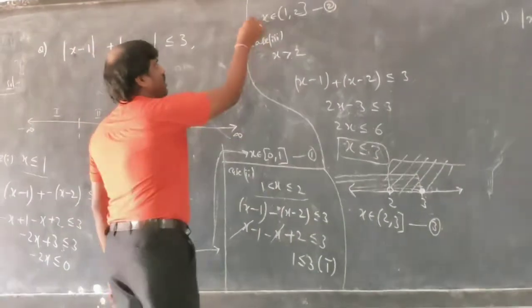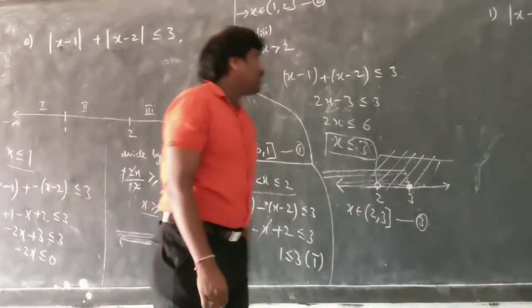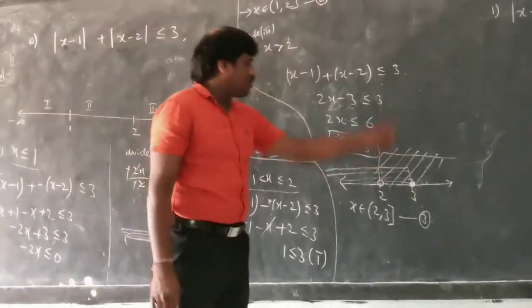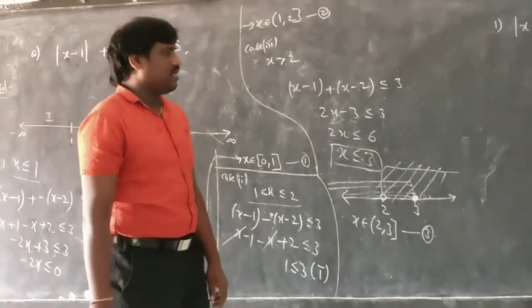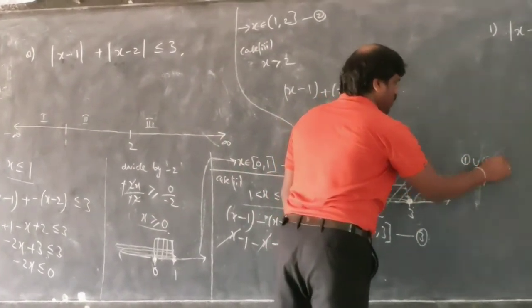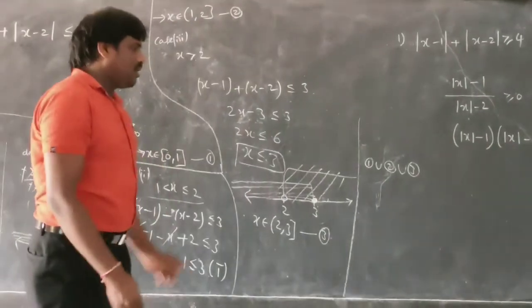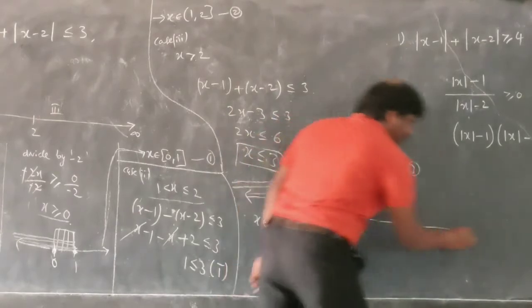Case 2 answer you got here, and case 3 answer you got here. So 1, 2, 3. You have to do the union of these 3. Let us see this on the number line.